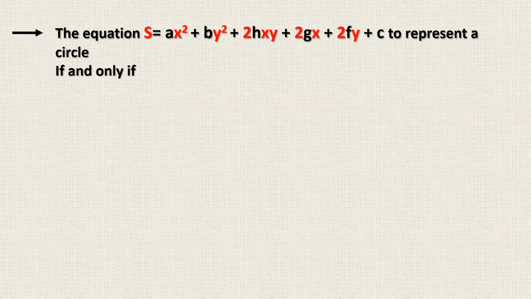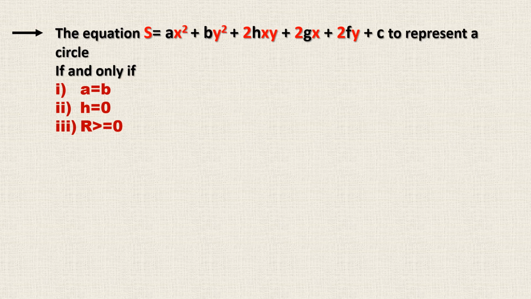The equation S equal to ax square plus by square plus 2hxy plus 2gx plus 2fy plus c, to represent a circle, has to satisfy the following conditions. Coefficient of square of the terms must be equal and not equal to 0.